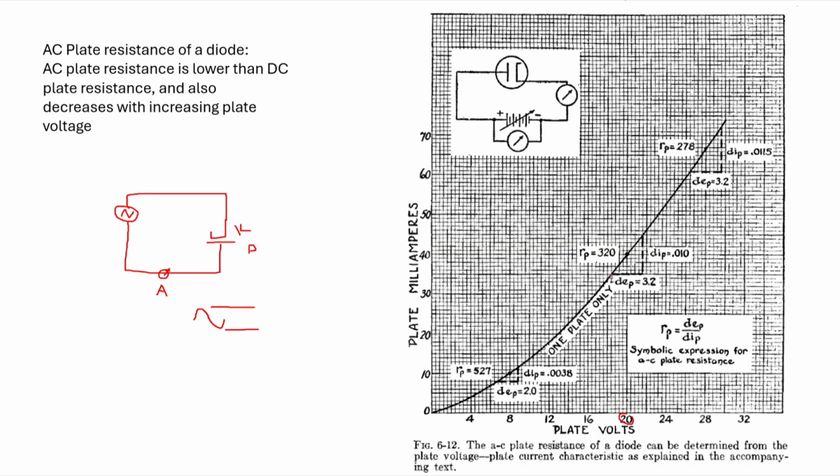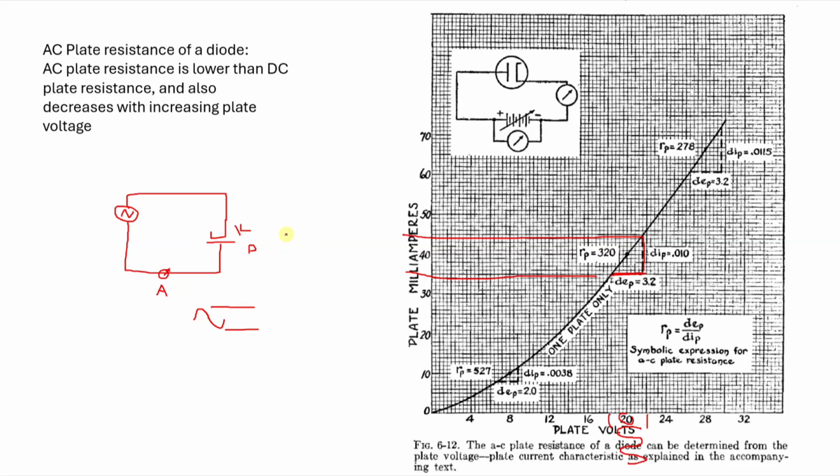So we have to take a change in voltage right here between two values. Remember, we're swinging. We have this AC, we have this voltage. I'm going to draw it sideways. That's swinging like that. So we take a change in voltage and then find its corresponding change in current.